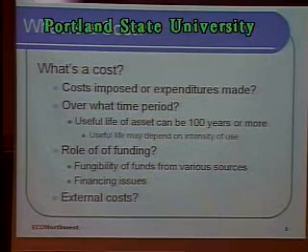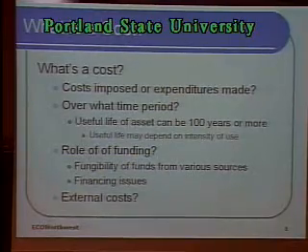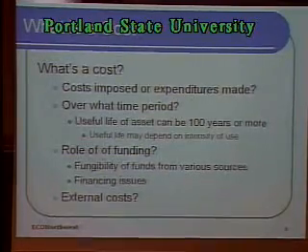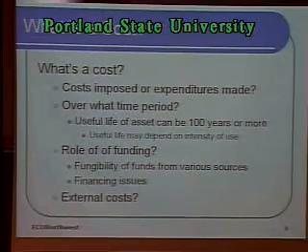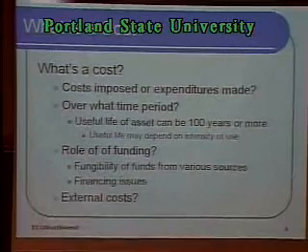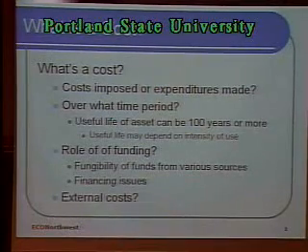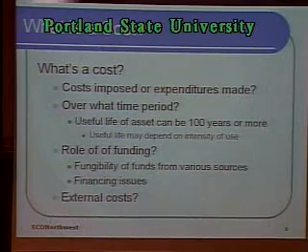The most important question in figuring out how to do highway cost allocation is, what is the cost? It could be the costs that are imposed by users on the system, or it could be the expenditures that are made by the agencies that manage the system to keep the system functioning.